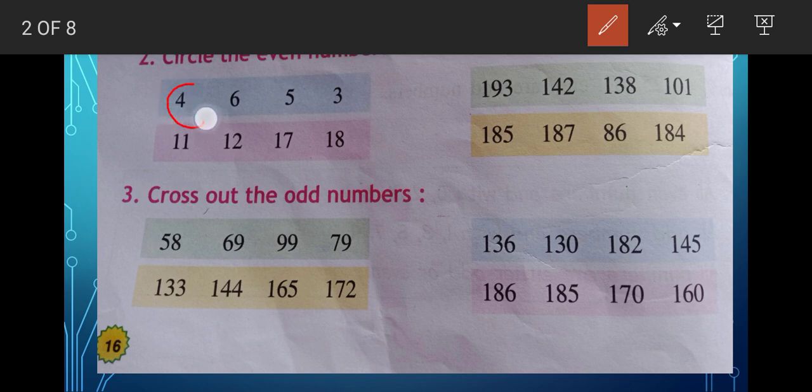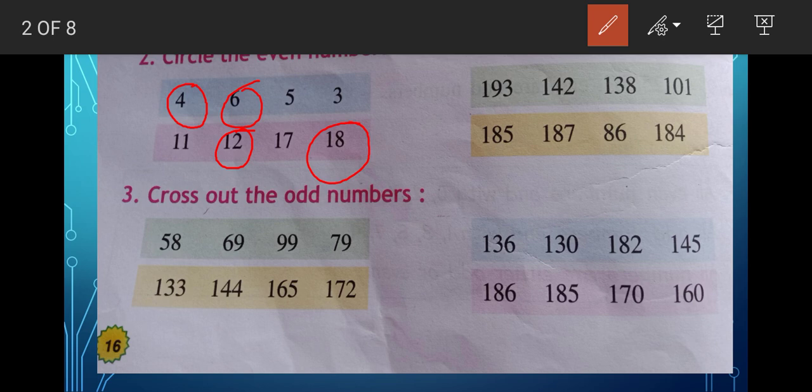So 4 is an even number and 6 is an even number. In the same way 12 has 2 in the ones place, so it is an even number. 18 also has 8 in the ones place, so it is an even number.